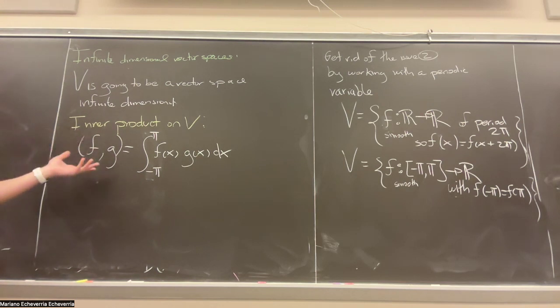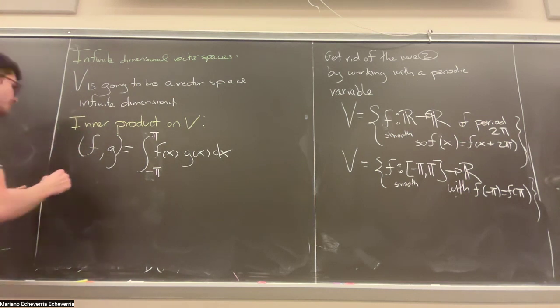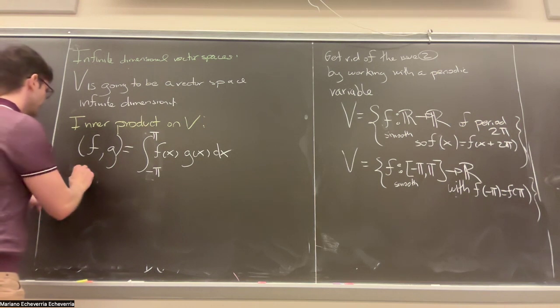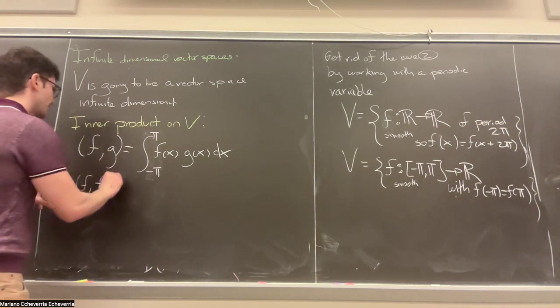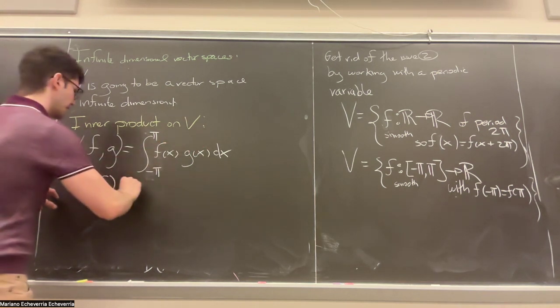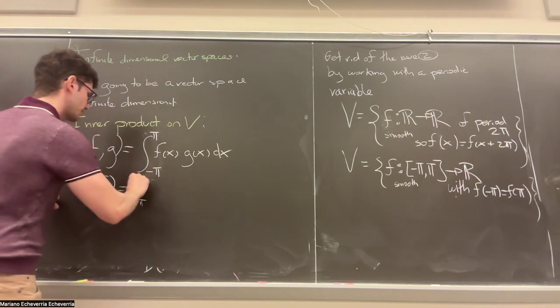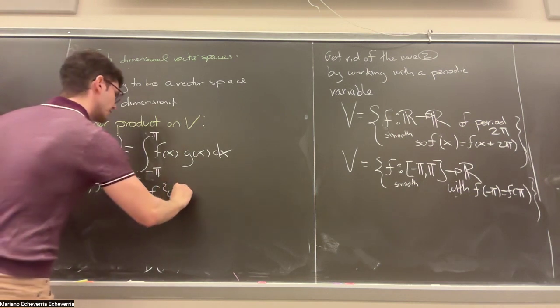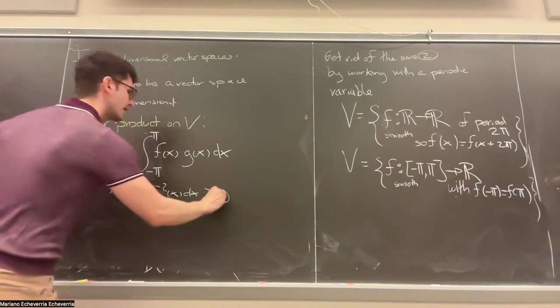And then you can check, for example, that this is an inner product, right? What are the conditions? The inner product of f with itself is just the integral of f squared, which is not negative, right?